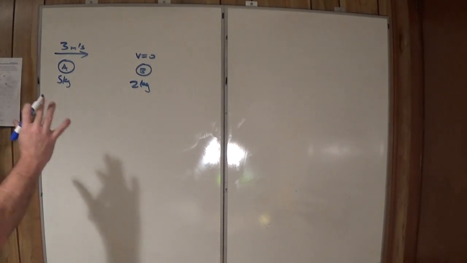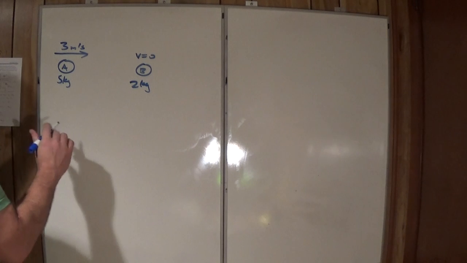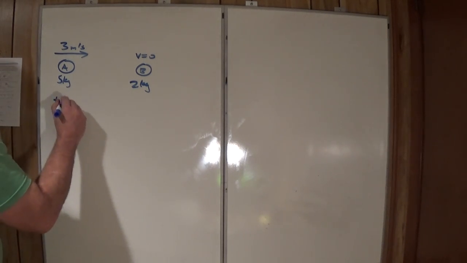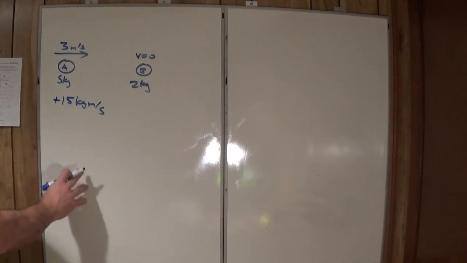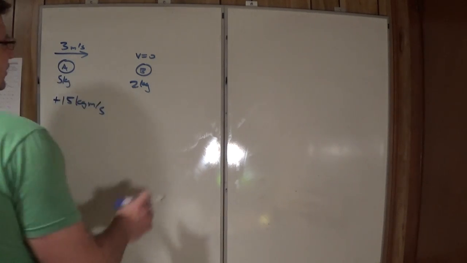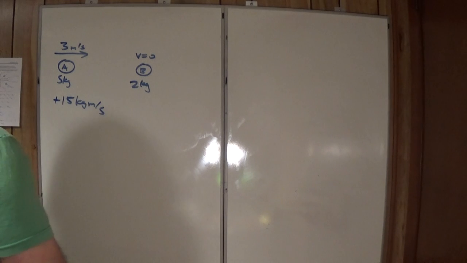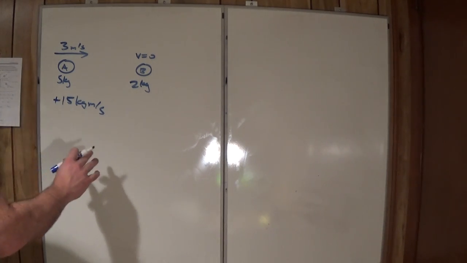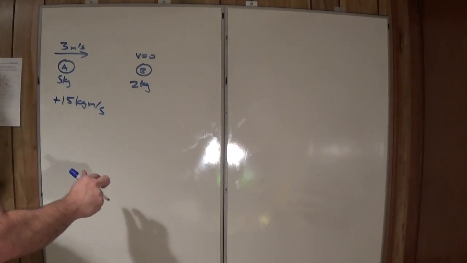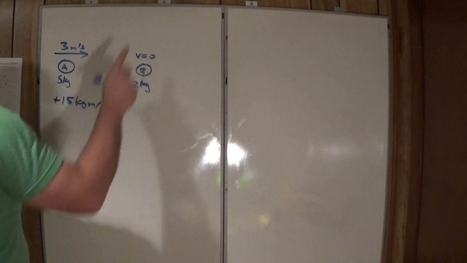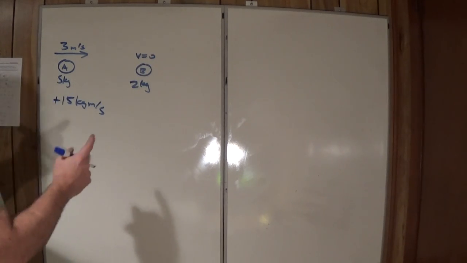The overall momentum of this system is plus 15 kilogram meter per second. That will be the overall momentum after the collision, whether it's an elastic collision or whatever. The total momentum has to be 15 kilogram meter per second to the east. That means any north and south momentums that do happen have to cancel each other out.